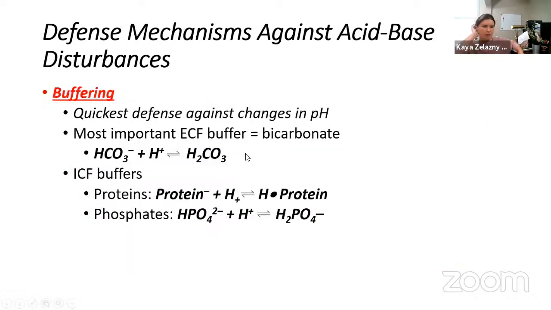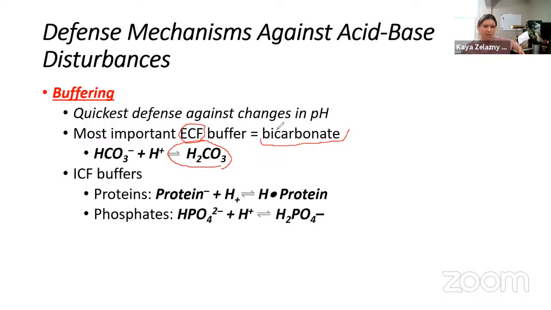Okay. So buffering is our quick defense. We have a couple different buffers. The most important is bicarbonate. Bicarbonate is in the extracellular fluid, so it's in the plasma itself. Bicarbonate binds with hydrogen ions to form carbonic acid. I also talked about hemoglobin, right?